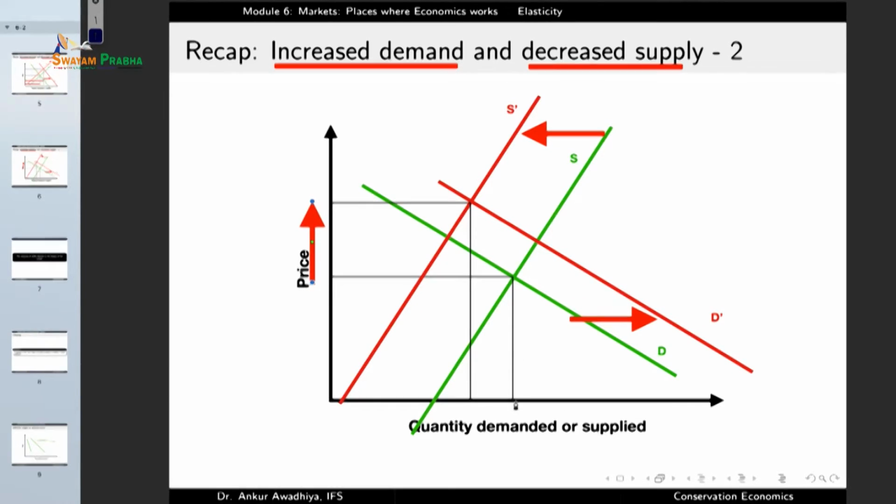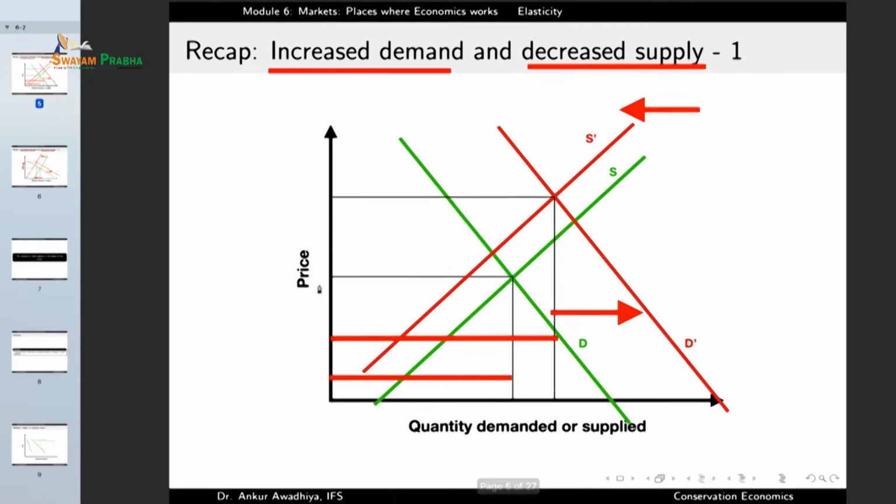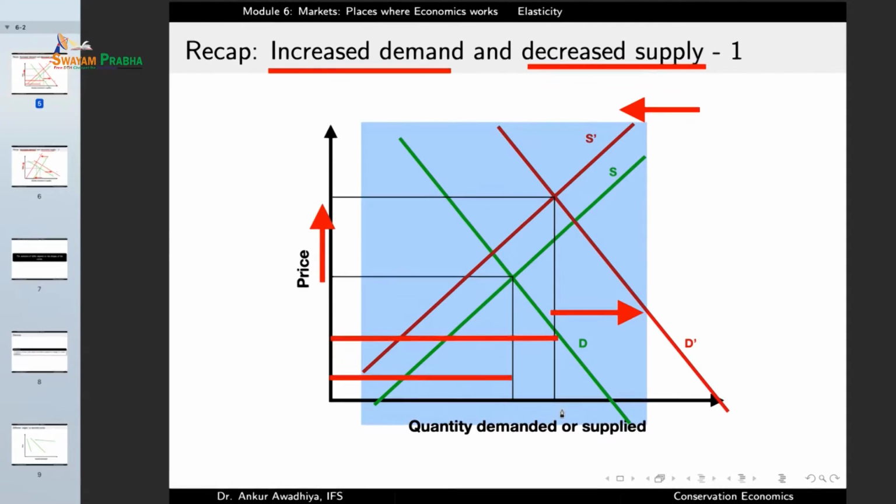However, the earlier quantity demanded was this much, the new quantity demanded is this much. So there is a decrease in the quantity that is demanded or supplied in this market. So earlier we saw that there is an increase in the price and there is an increase in the quantity that is demanded or supplied.